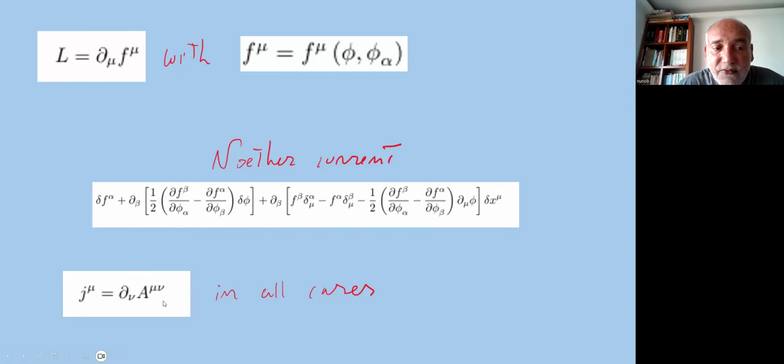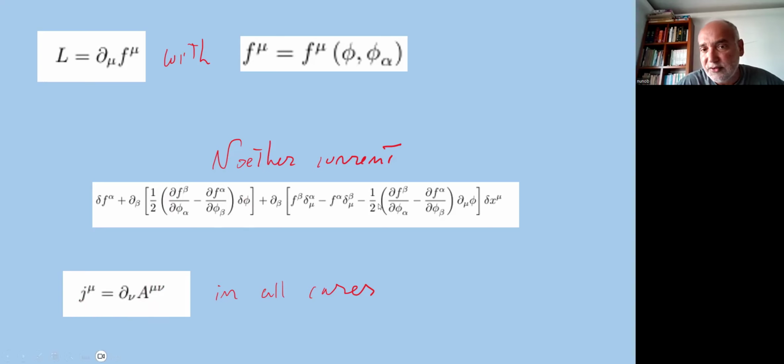This is the derivative of an anti-symmetric tensor. So if you have a boundary term, it produces a current term which is the derivative of an anti-symmetric term. That is why its divergence vanishes off shell. It's just a mathematical identity that the divergence of this is going to be 0 because this is anti-symmetric.